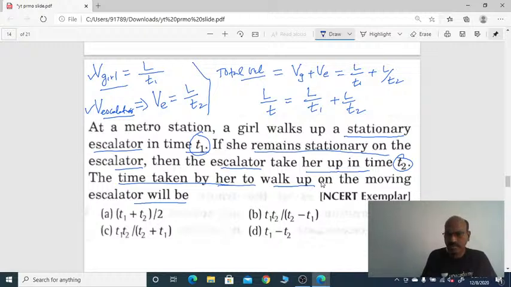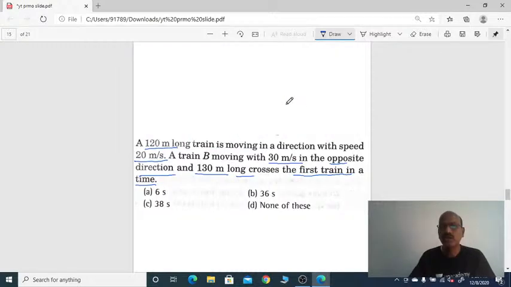You get 1 by T equals 1 by T1 plus 1 by T2. Take LCM, cross multiply, and you get T equals T1 T2 by T1 plus T2. So that is the option.